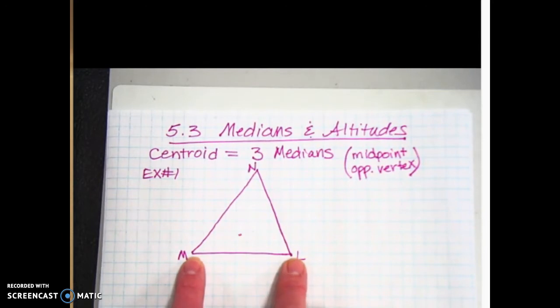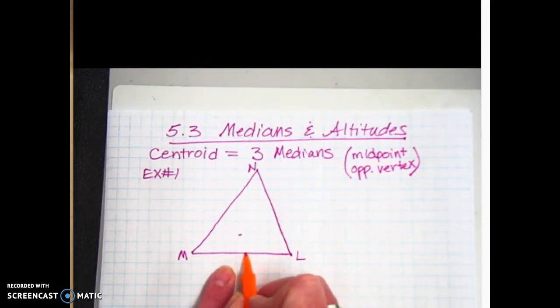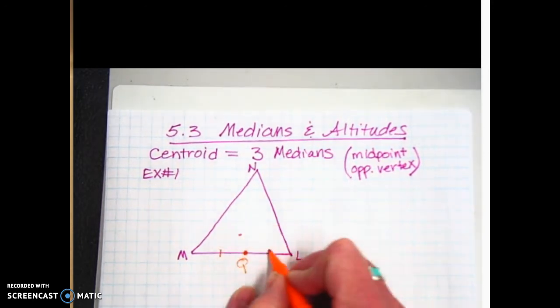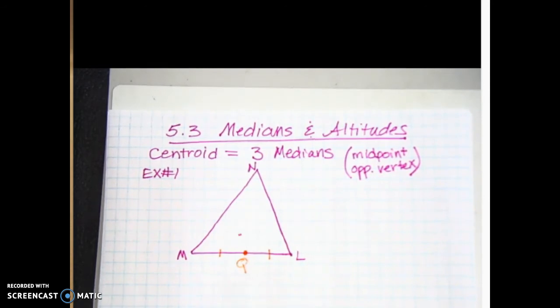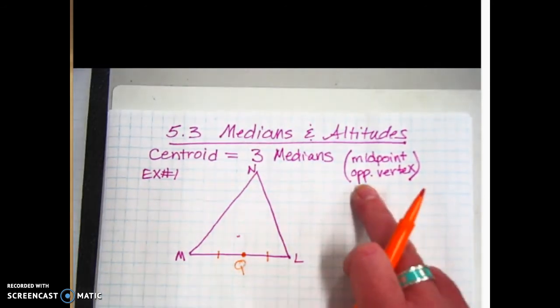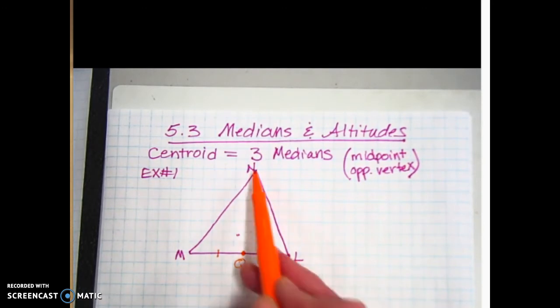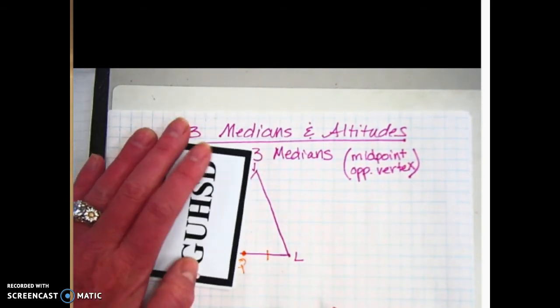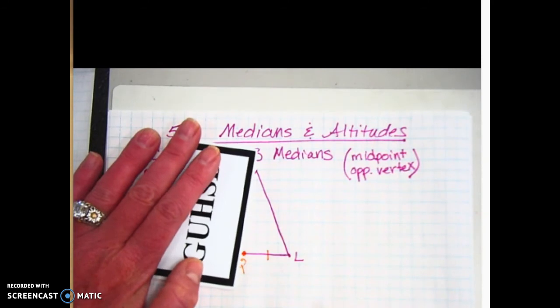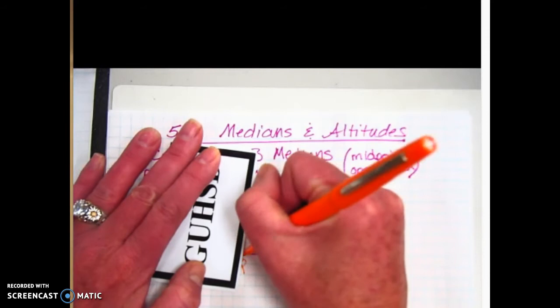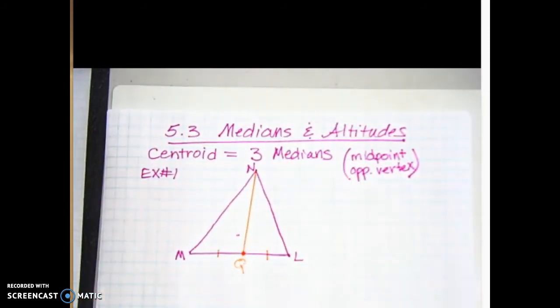Go to the midpoint and label it Q. It breaks that side into 2 congruent pieces. From there, we want to go to the opposite vertex. What is the opposite vertex of side ML? N. N is the only one left. So you scooch up your ruler or your student ID to QN and connect them, and we have 1 median.